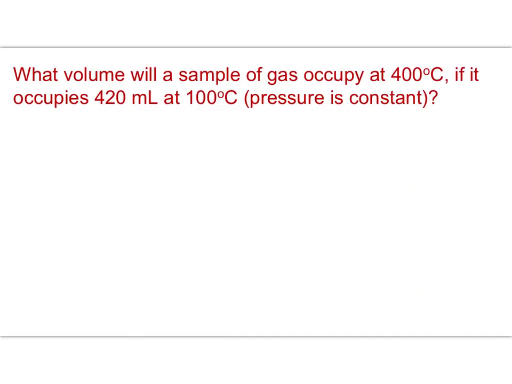Another simple gas law problem. What volume will a sample of gas occupy at 400 degrees Celsius if it occupies 420 milliliters at 100 degrees Celsius? The pressure is constant and the sample gas amount, the number of moles, isn't changing. So V1 is 420 milliliters.